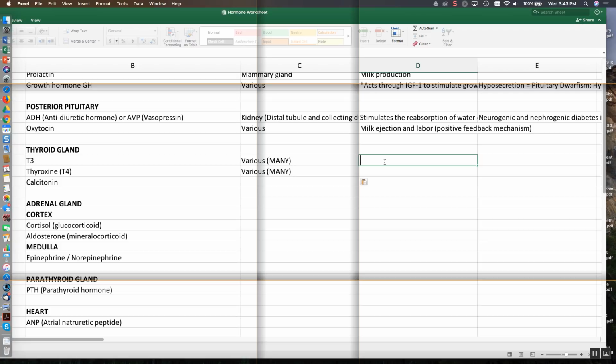You were close. So that's calcitonin. Yes, so I can write that there. Calcitonin is responsible for inhibiting, actually, I would say decreasing bone resorption.